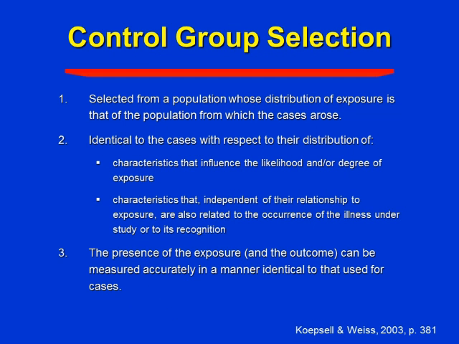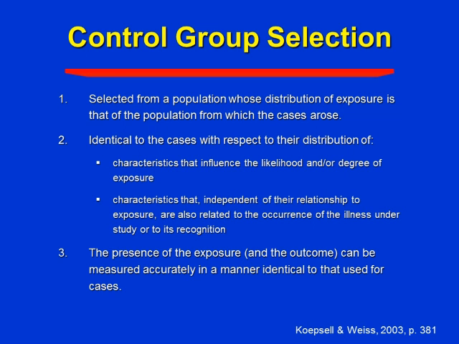Control group selection, because of that, is actually a key component of successfully conducting a case control study. This is a list of guidelines from Tom Kepsel and Noel Weiss, who have trained a number of epidemiologists. Essentially, the criteria for selecting a good control group is: one, they need to be selected from a population whose distribution of exposure is similar to that of the population from which the cases arose.